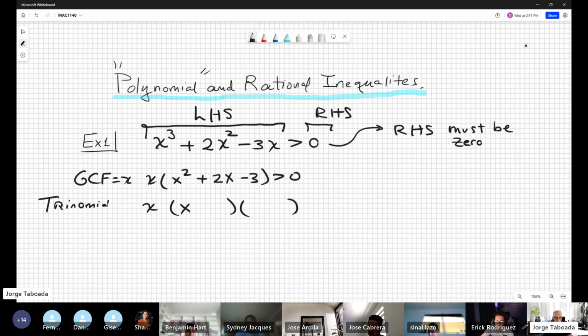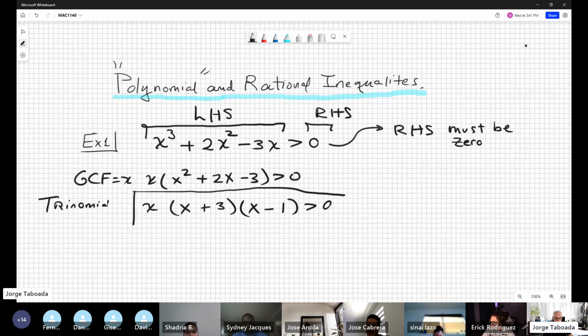It's x, and the combination I suppose is 3 and 1, because 3 times 1 is 3, and 3 minus 1 is 2. The signs are different, positive 3 and negative 1.